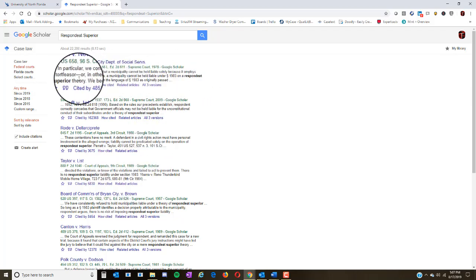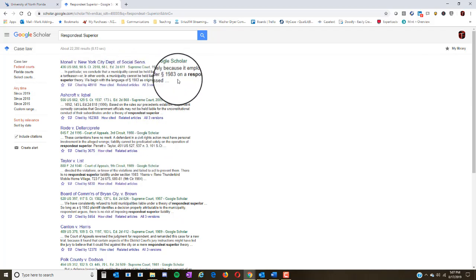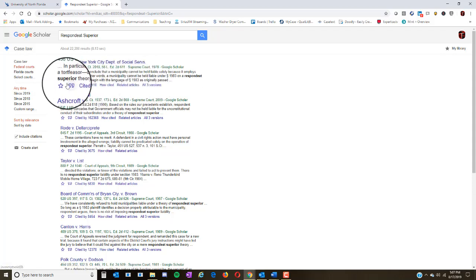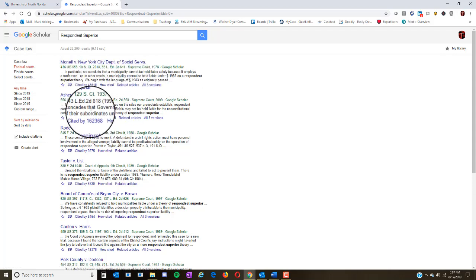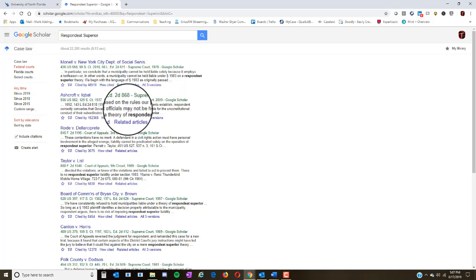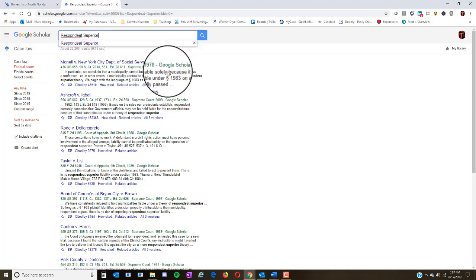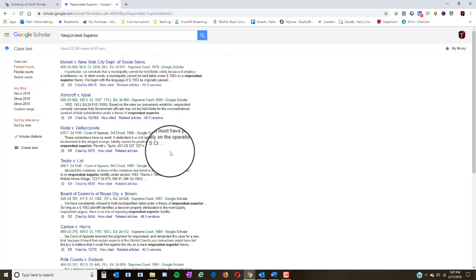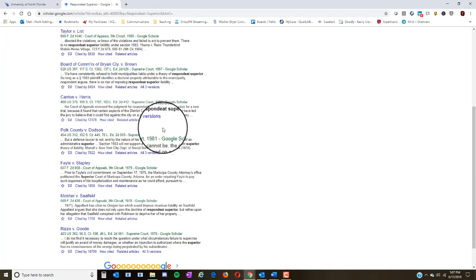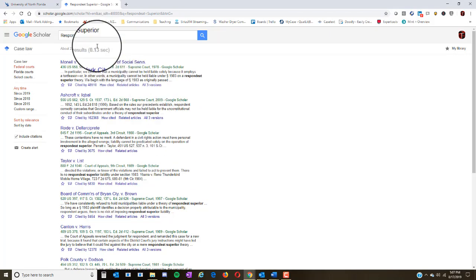Based on a theory of respondeat superior, they may not be held liable for the unconstitutional conduct of their subordinates. So you can put in a concept or a legal or Latin term and find cases that will discuss it, and hopefully you can learn it that way.